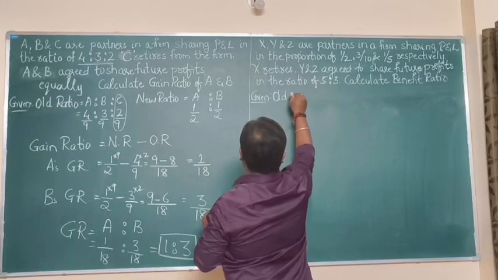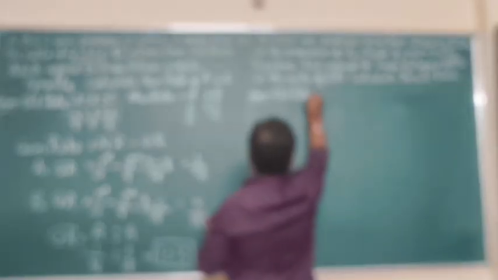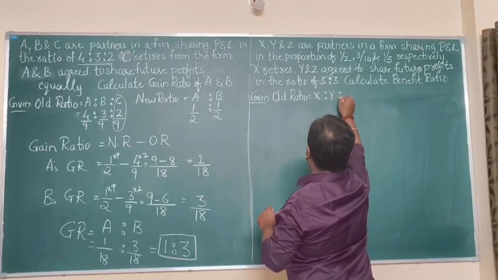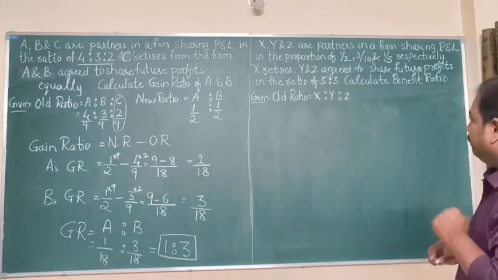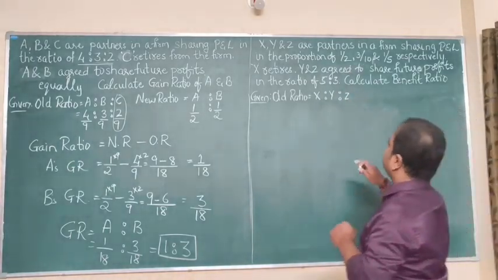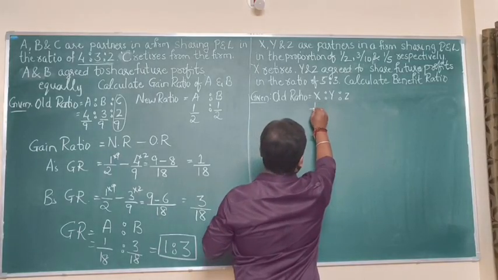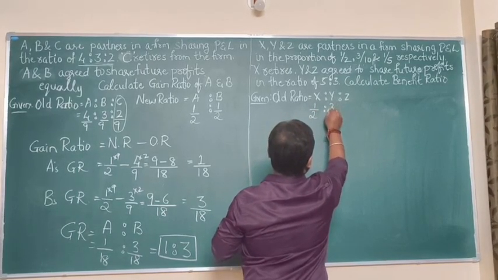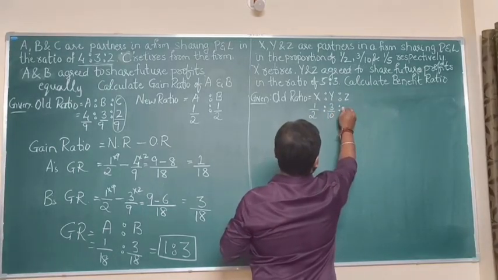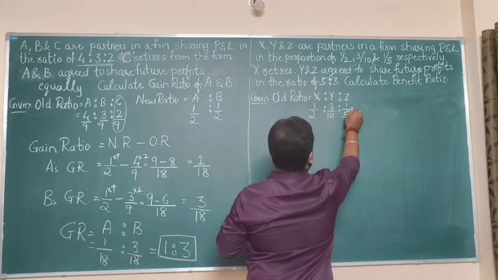Given is old ratio, X is to Y is to Z. They are given in proportion, we convert this into ratio. What is X now? 1 by 2, Y 3 by 10 and Z 1 by 5.